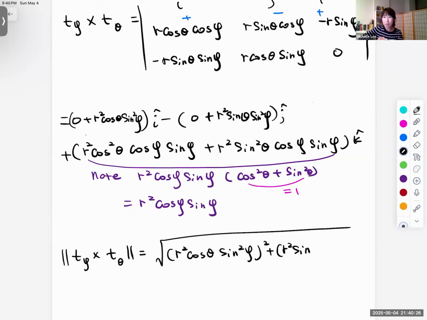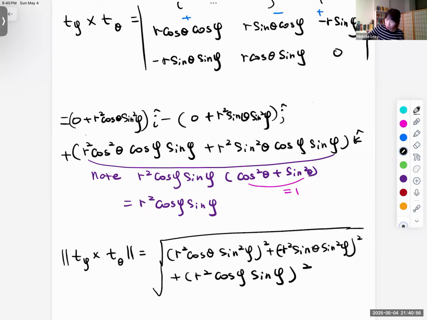Wait a minute, we get the negative, but it does not matter because we square it. And plus r squared cosine phi sine phi, squared.